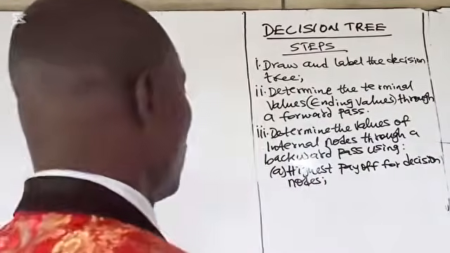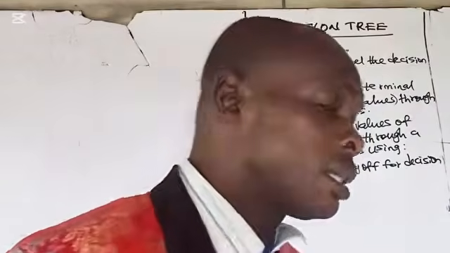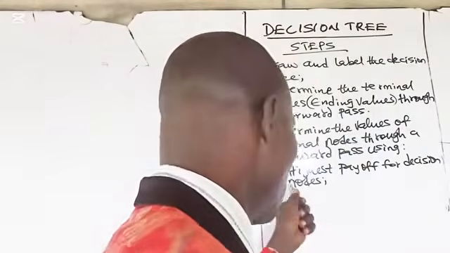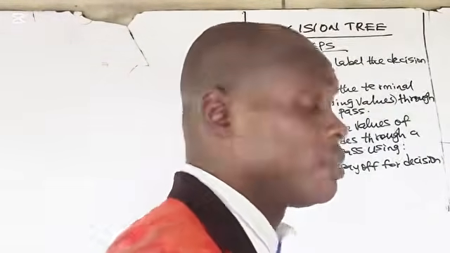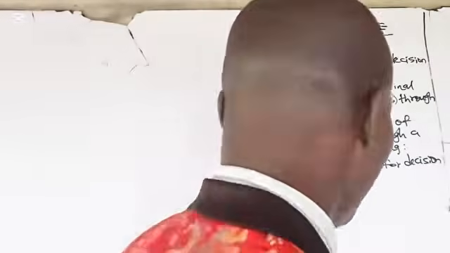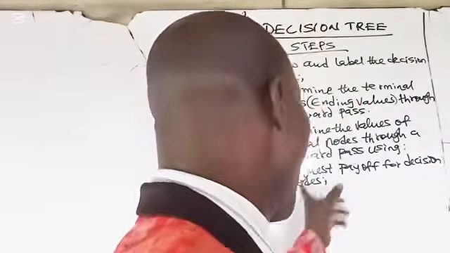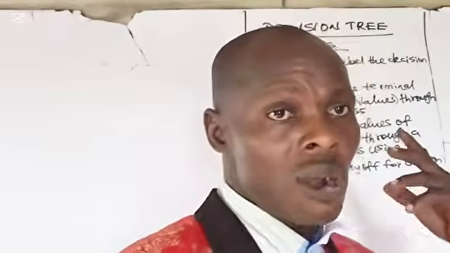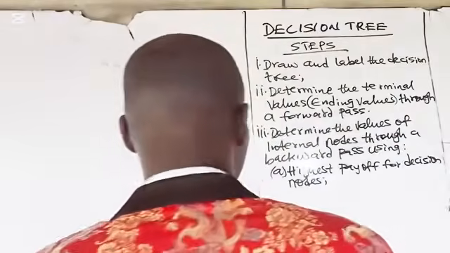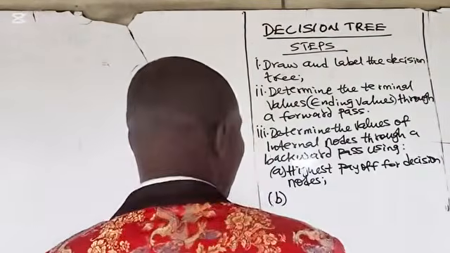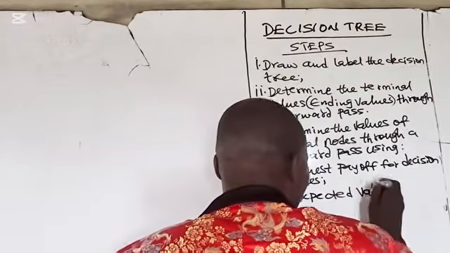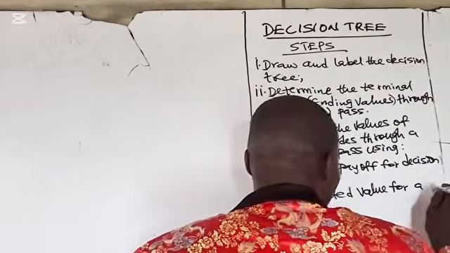So when you are taking a backward path, if a particular node is a decision node, and you already know what a decision node means, you use the highest payoff. Among the possible routes that lead to that node through a backward path, you choose the highest value. That is the highest payoff. B, expected value for a chance node.